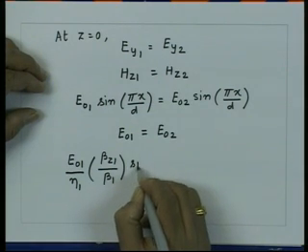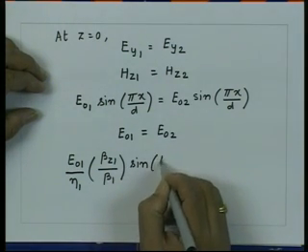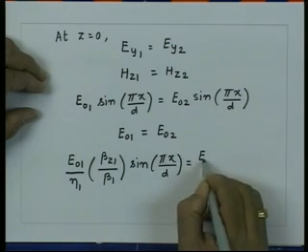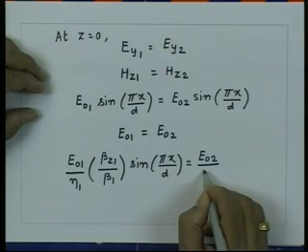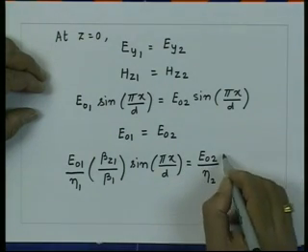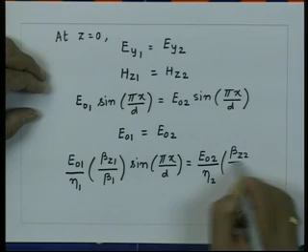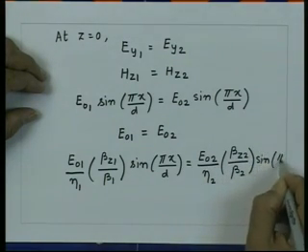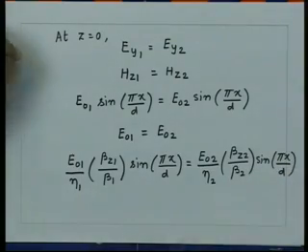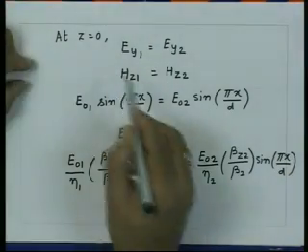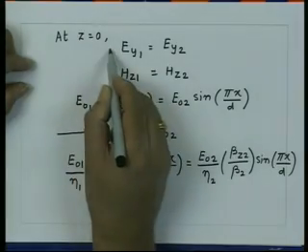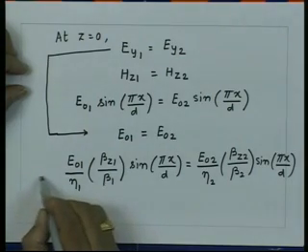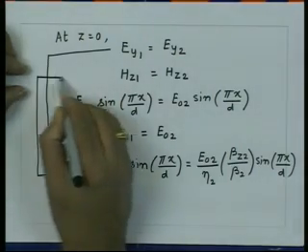That will be equal to E02 upon eta 2 times beta z2 upon beta 2 times sine of pi x by d. The first equation comes from the electric field, and this equation comes from the magnetic fields.